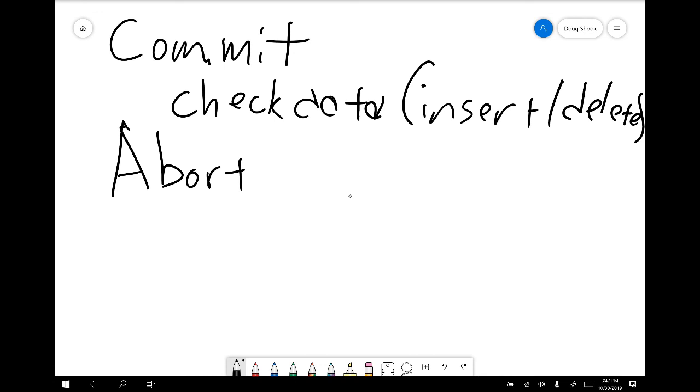The difference now is that I should see that the insert or the deletion did not go through. Those are another very simple couple sets of unit tests that would be important to have for this particular assignment. Commit means the operations went through, they're now permanent. Abort means the operations did not go through. I should not see any changes to the data from when I started.